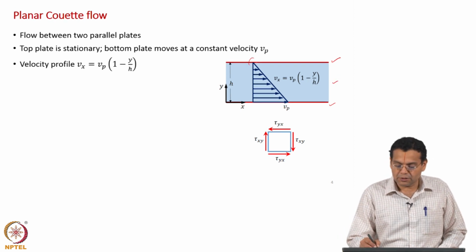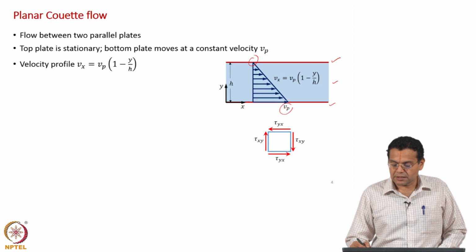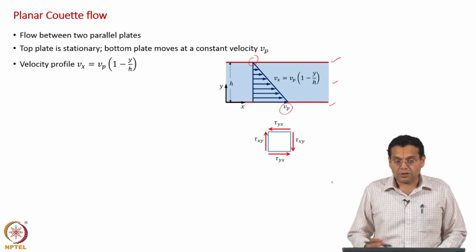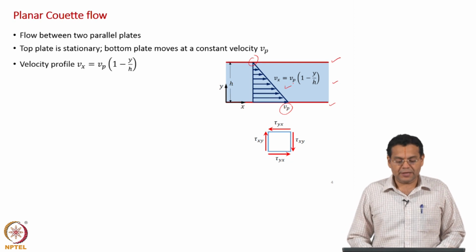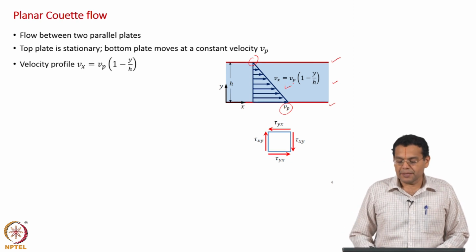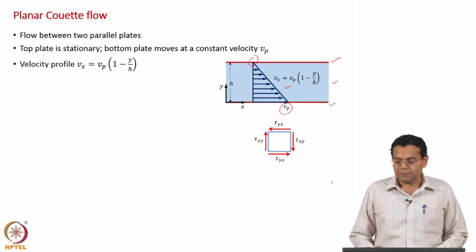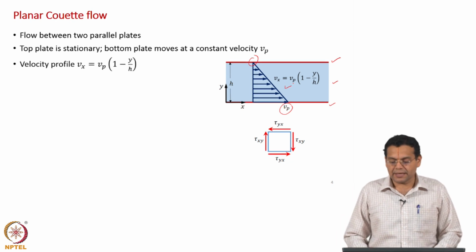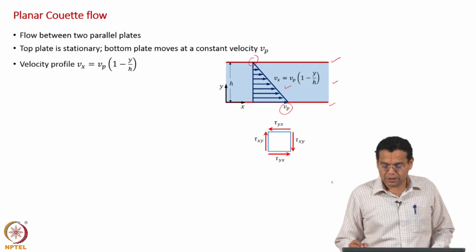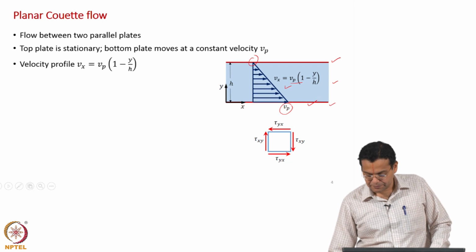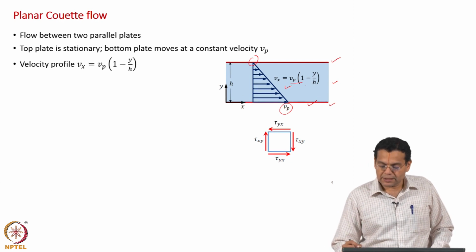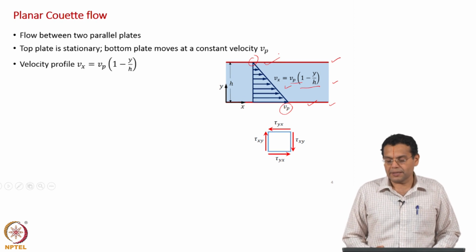The velocity is 0 here and the velocity is V_p here, and solving the Navier-Stokes equation, you will get this velocity profile V_x is equal to V_p into 1 minus y by h. But we can quickly check whether it is right. At y equal to 0, that is at the bottom plate, the velocity is V_p, and at y equal to h, this becomes 0, and the velocity at the top plate is 0.